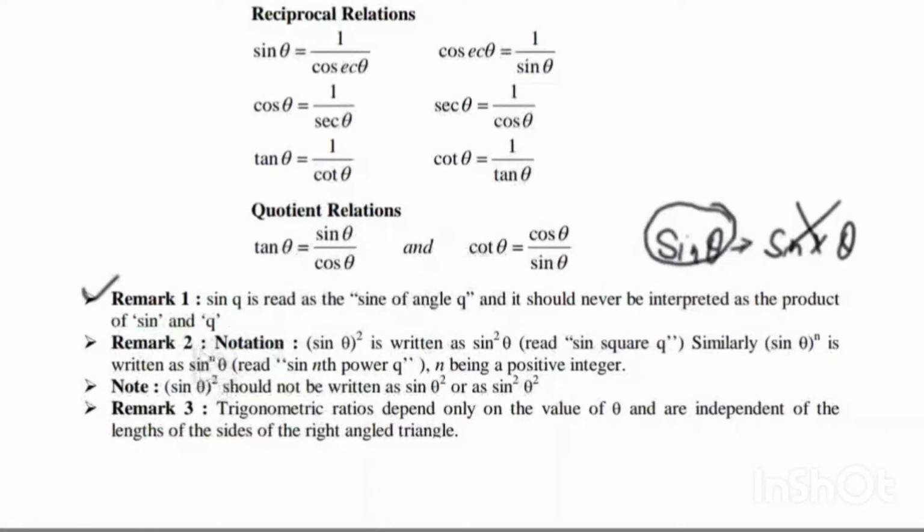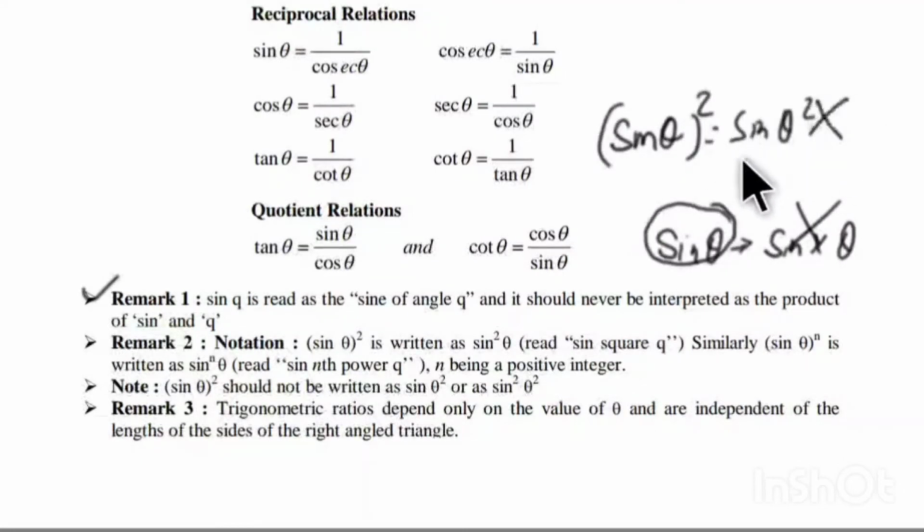Then the second remark is that sin theta whole square is written as sin square theta. Similarly, sin theta whole power n is written as sin n theta, n being a positive integer. That means you can't write sin theta whole square equal to sin theta square.